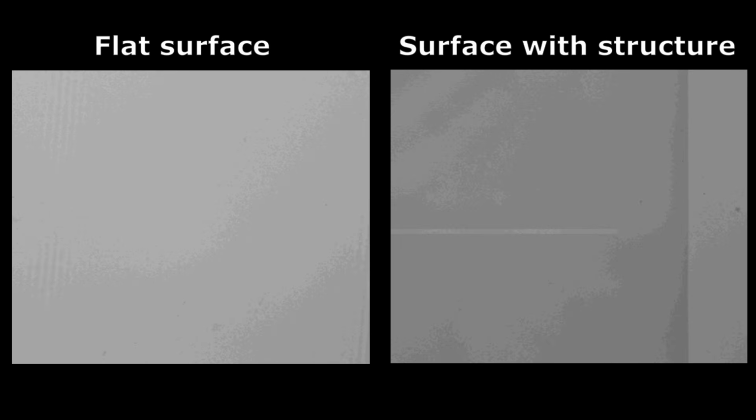So how do we measure height differences from these images? Well, the interference pattern is of course scanning over the surface of the detector, and its position is a function of the difference in distance, delta D, between the sample and the reference surface.